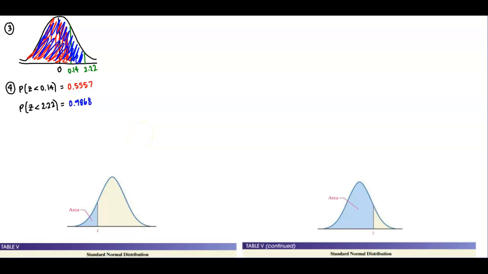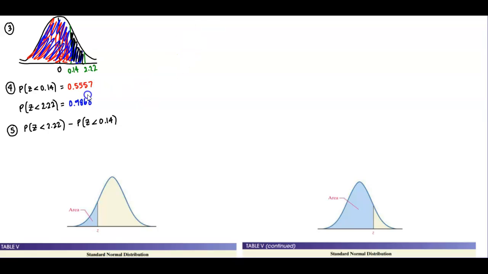Okay, so now in order for us to find the area here, we're going to take the probability of z being less than 2.22 and subtract the probability of z being less than 0.14. Then we can find the area that's in between here.